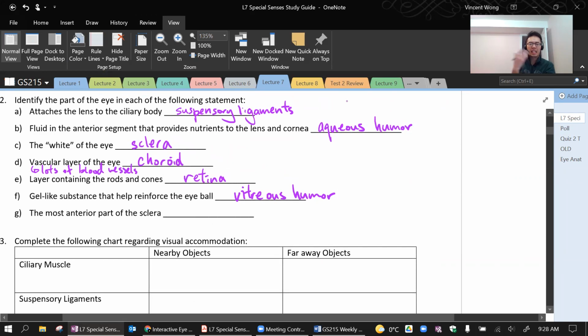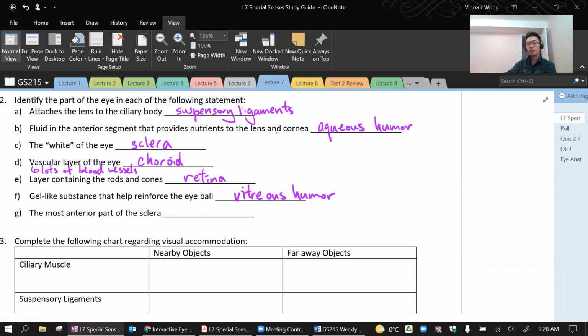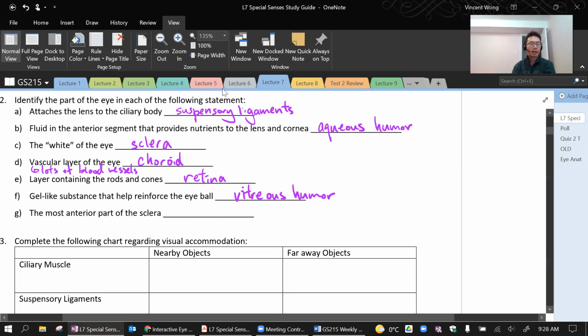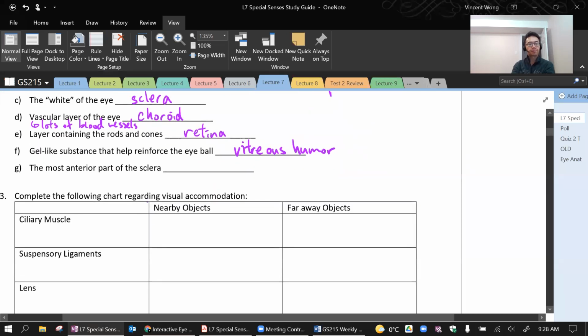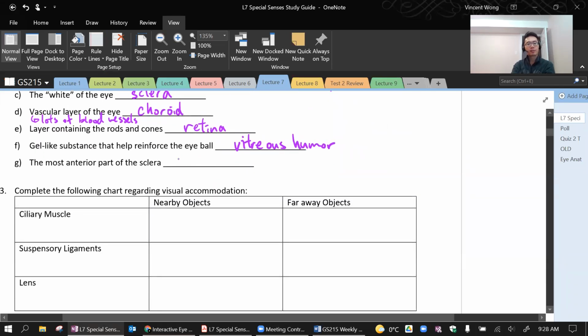If it builds up, then it increases the eye pressure. Same thing with the vitreous humor. If the pressure gets too high, it will compress the optic nerve. And it could lead to a condition called glaucoma, which ultimately causes you to become blind. The most anterior part of the sclera: cornea.